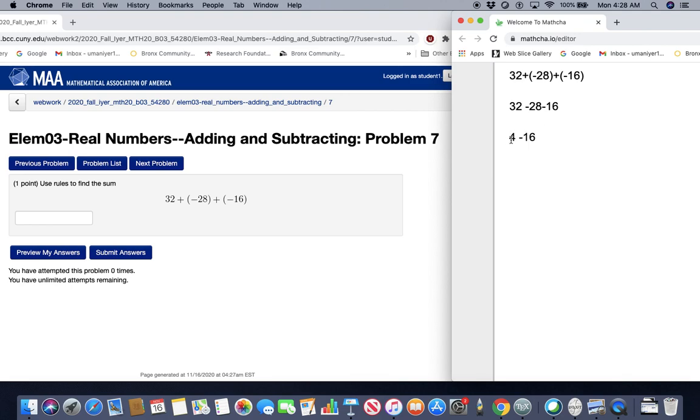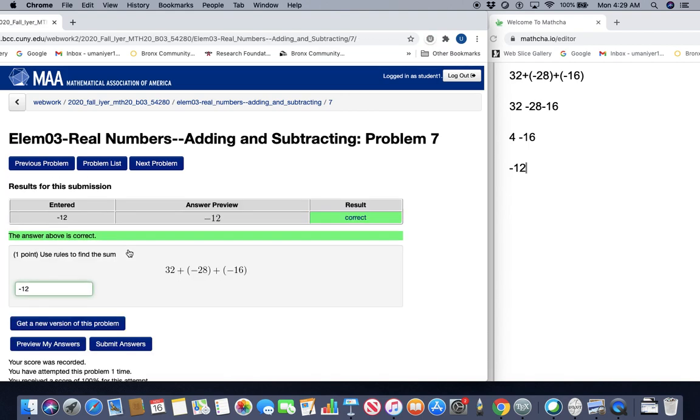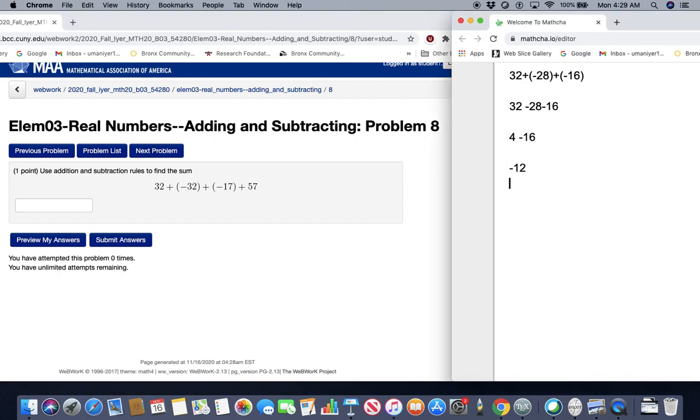So I have $4 and I lose 16. In other words, I am in the red 12. Okay. Another way of thinking: this has a negative sign, so that's a bigger magnitude. So the answer is going to be negative and the difference. Okay. Next one.